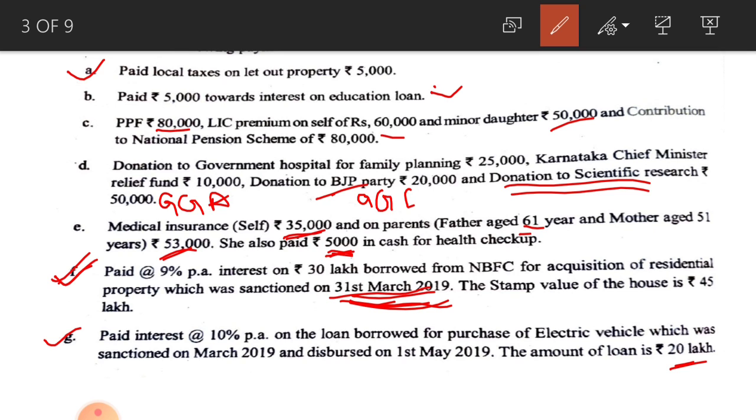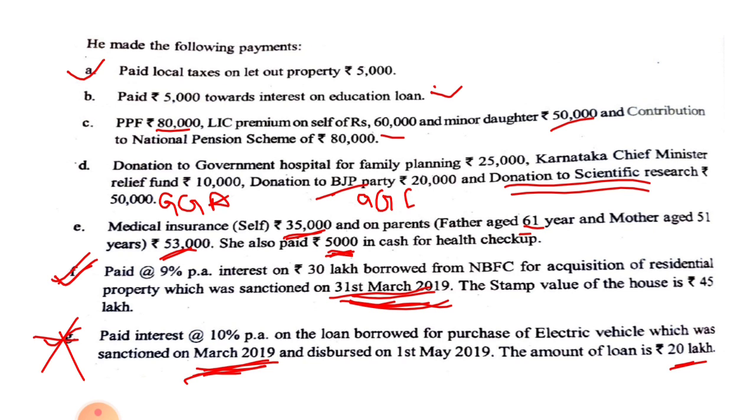This deduction may be claimed under section 80EEB, but the loan was sanctioned in March 2019. You can claim deduction under section 80EEB only if the loan was sanctioned after 1st April 2019. So, this point you cannot consider because the loan was sanctioned in March 2019. Detailed notes were given to you previously. Please refer to those notes to understand this point, and I will give notes later also.